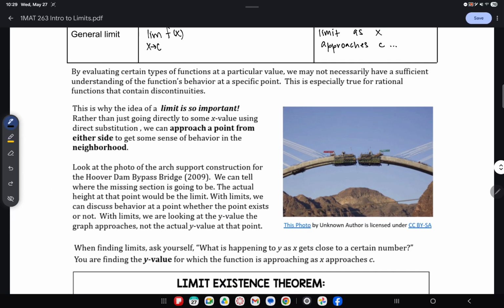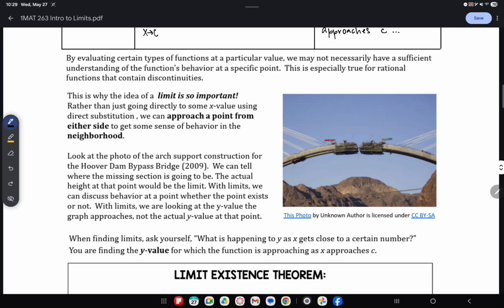So sometimes we might not have a specific value that we're going to, but we still can look at what is happening. Like, what are the y values doing? So think of rational functions here, where they're discontinuous.